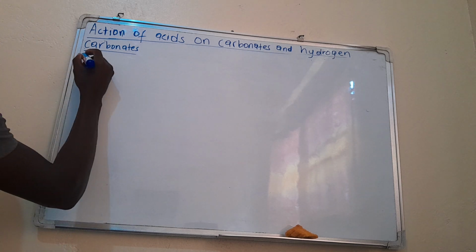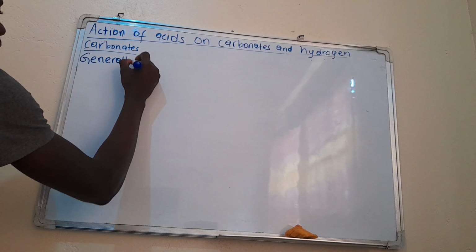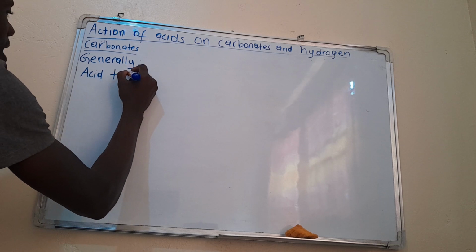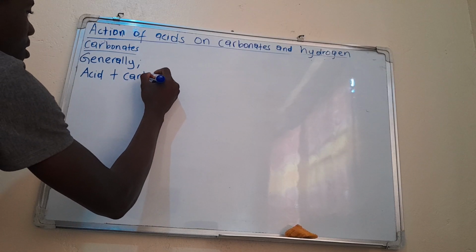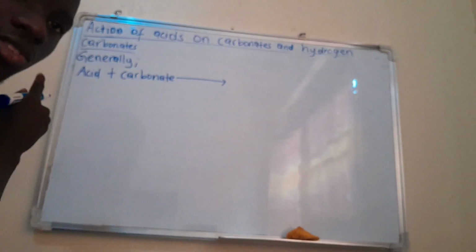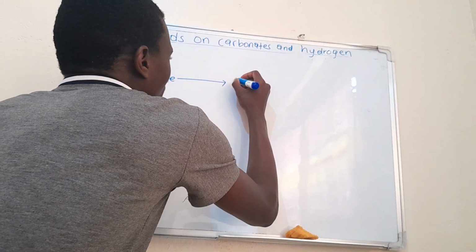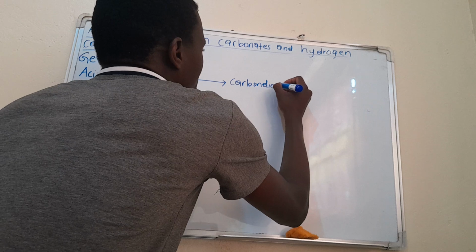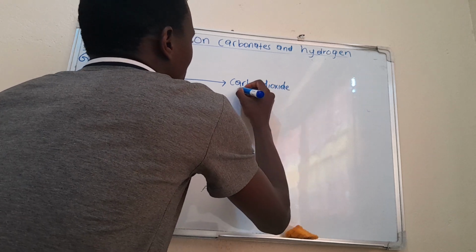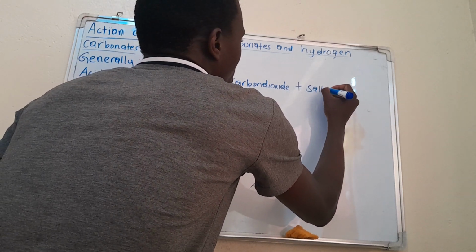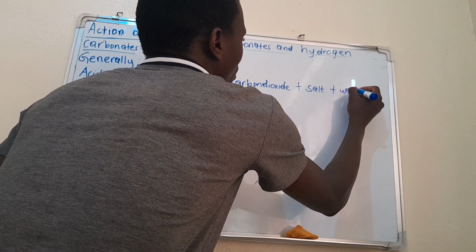Generally, this is what we have: acid plus carbonate yields carbon dioxide gas, plus a salt, and then water.